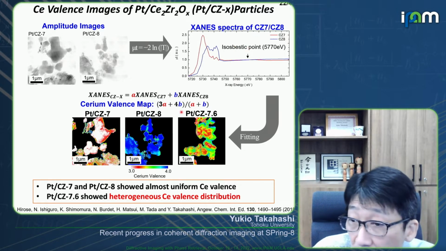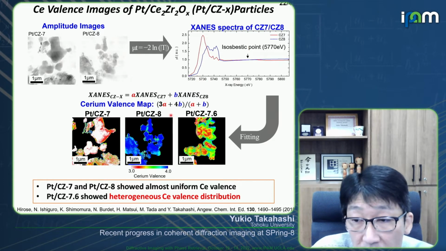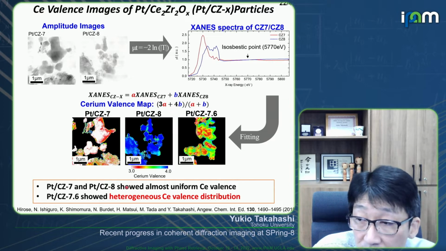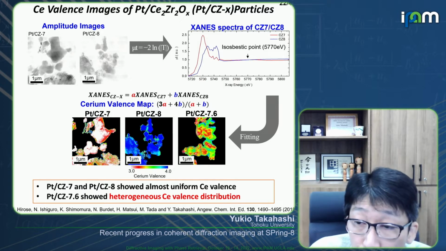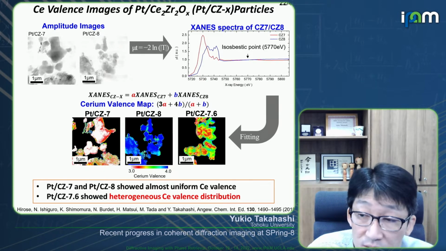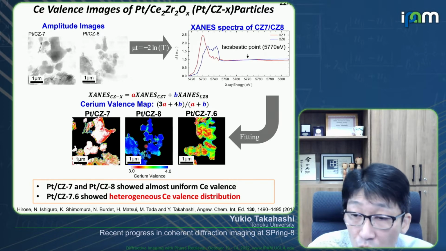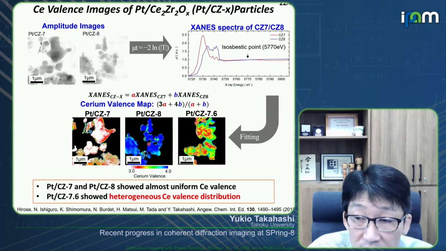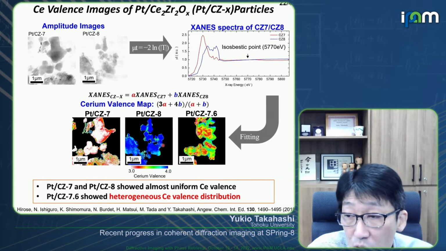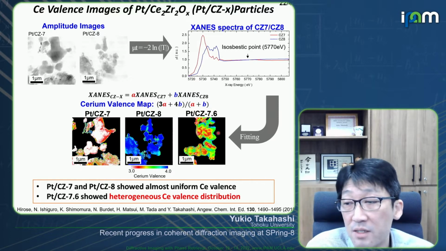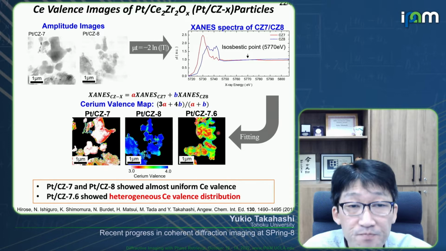Parameters A and B at each pixel were determined by least squares fit analysis, and then we derived the cerium valence maps of CZ7, 8 and 7.6. White and red colors present the cerium 3 plus rich state, and blue and green colors present the cerium 4 plus rich state. So we found that CZ7 and 8 show almost uniform cerium valence, and CZ7.6 shows a heterogeneous cerium valence distribution. We want to know here the internal valence distribution.